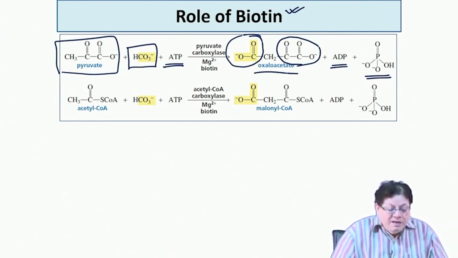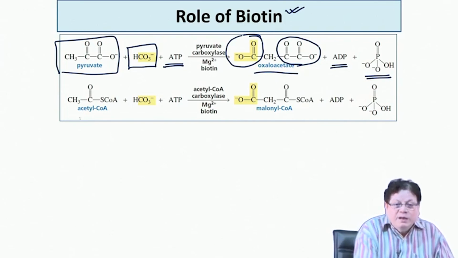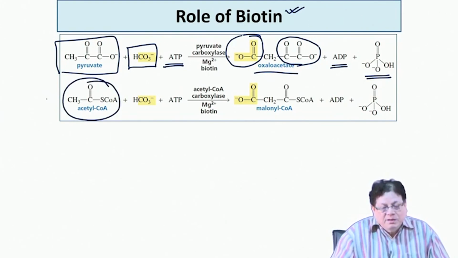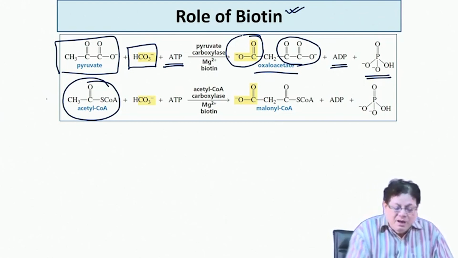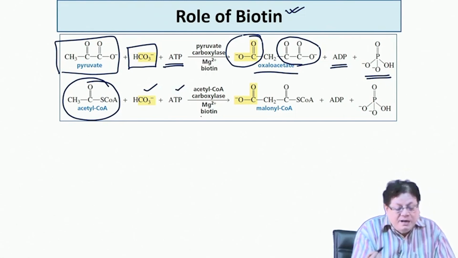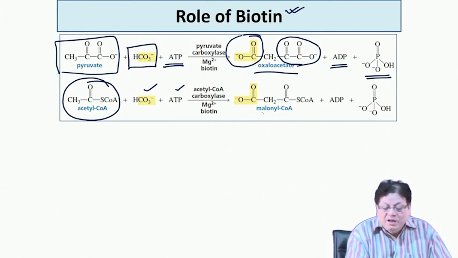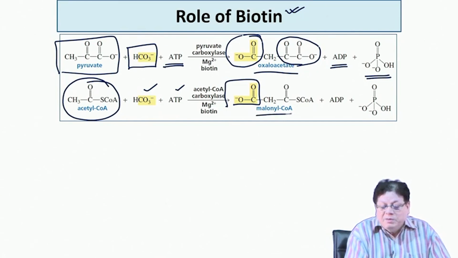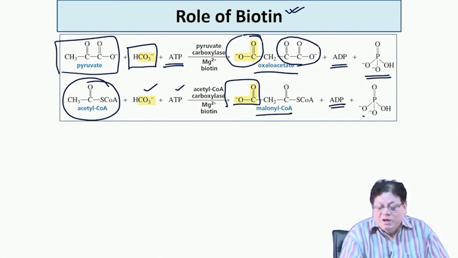Then acetyl coenzyme A, whose formation by the thiamine pyrophosphate, lipoic acid and FAD cascade of reactions we have read. With bicarbonate and again ATP, it again does carboxylation here, giving malonyl coenzyme A, and then ADP plus a phosphate.